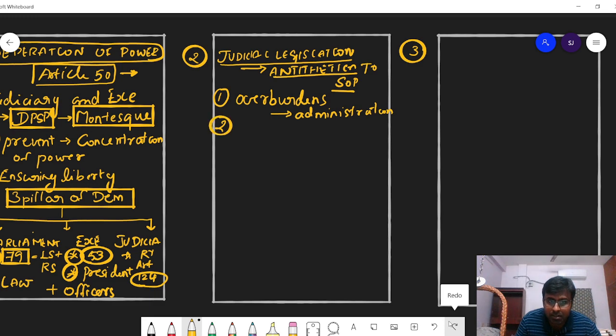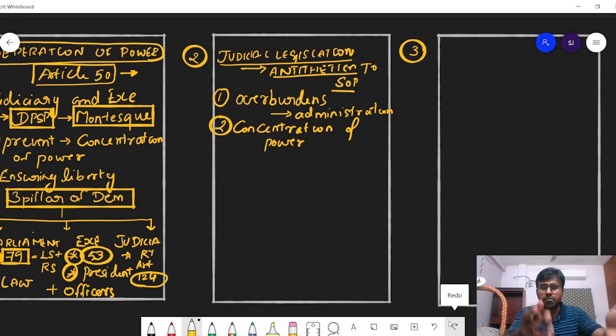Second, again it is concentration of power, right? Why they have separated is so that this concentration of power should not happen. That is why the framers of the constitution have a separate article. Third, when I wrote my answer paper, I could think of two problems in this. You can think about what other problems there are.